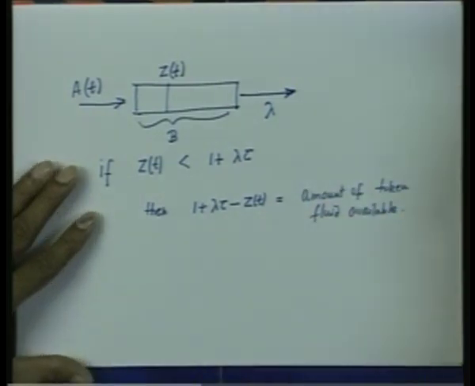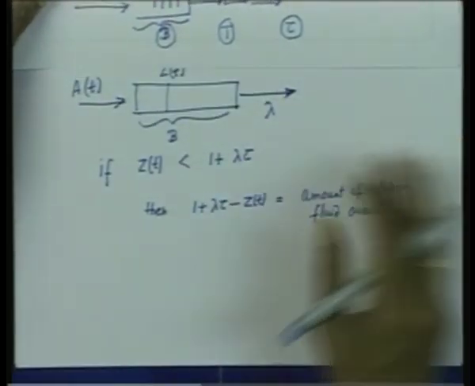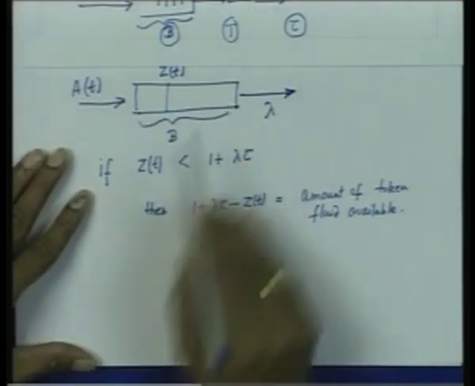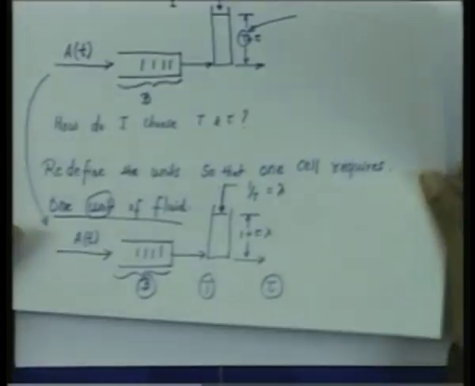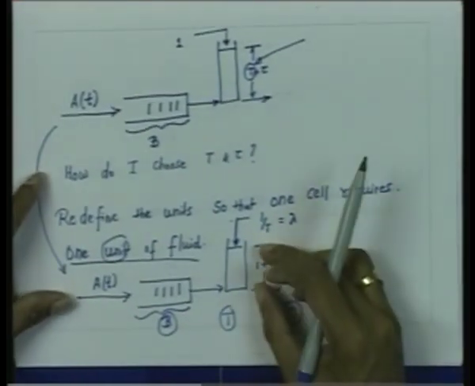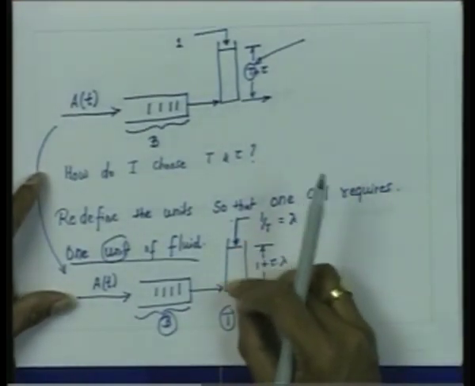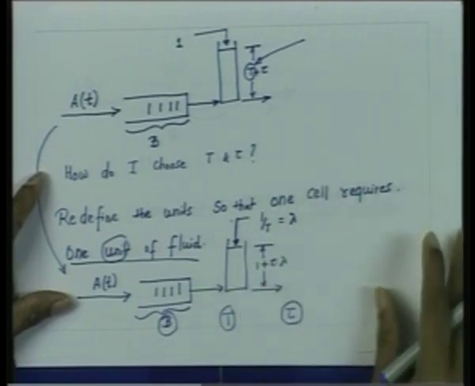So if this buffer Z(t) is less than 1 plus lambda tau, then equivalently it means that 1 plus lambda tau minus Z, this much amount of token fluid will be available.